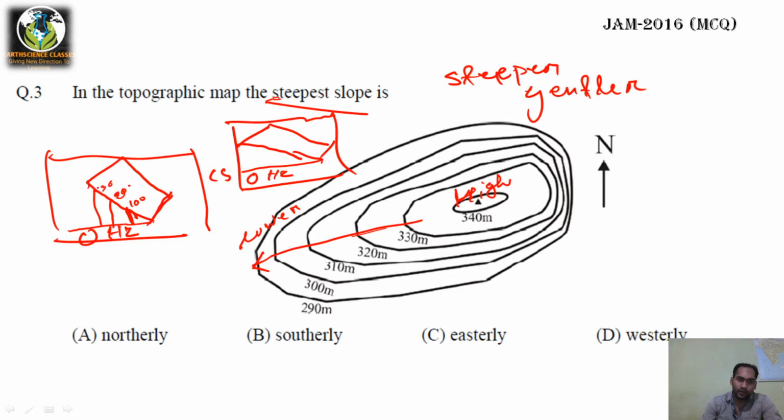So this is the 300 meter contour, this is the 200 meter contour, this is the 100 meter contour. These are elevations I am showing in cross section, and this is the bed.